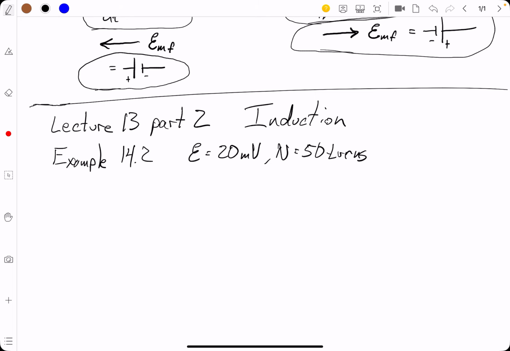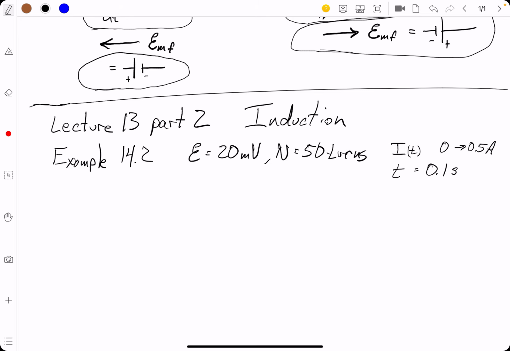And our I is increasing. Let's just say it's linearly increasing. I of t goes from 0 to 0.5 amps. Okay. And it does that in a time equal to 0.1 seconds.